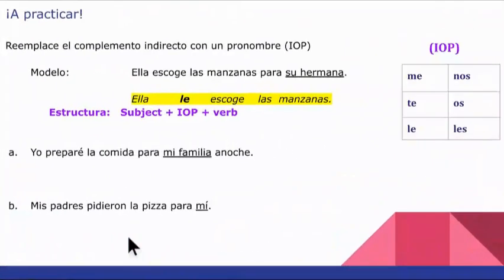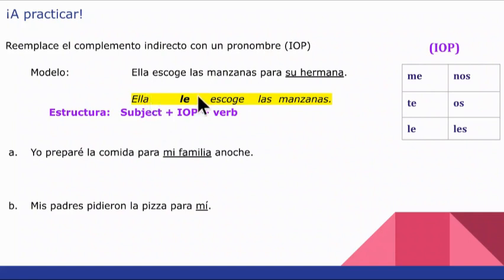Vamos a hacer una práctica muy rápidamente. Remember, my IOPs, my indirect object pronouns are me, te, le, nos, os, les. Y mi estructura, the main structure that you are going to use in order to set up your sentences in español using an IOP is where you place the IOP right in front of the verb.